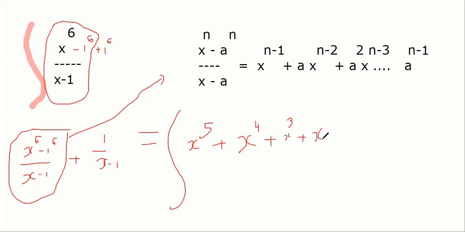So x square plus x plus 1. This is the expansion of this. And the extra thing is plus integration of 1 over x minus 1. Now tell me, everybody can do it very easily, right? You know the standard integration of x to power n. That's it. Agree? Each one of you?